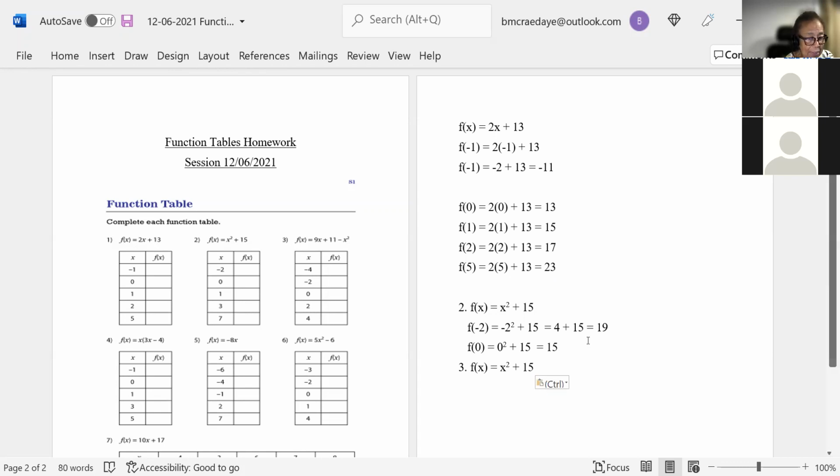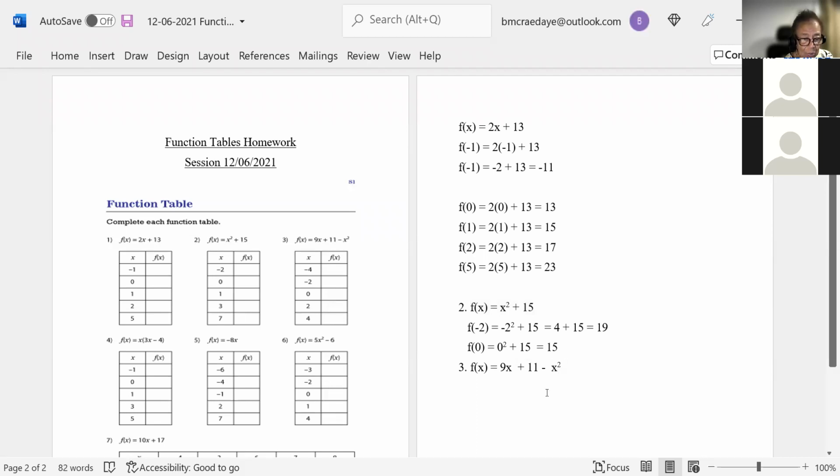So f of x equal 9x plus 11 minus x squared. Okay, so we'll take out the 15.